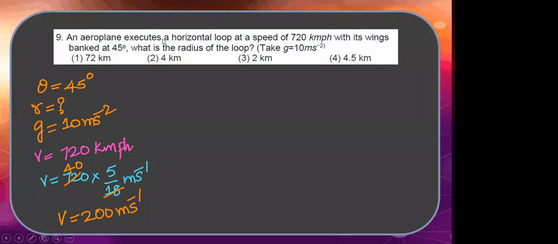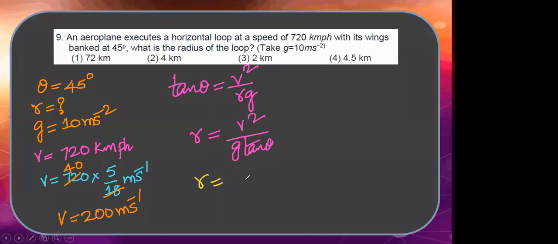Then angle of banking. For banking of roads, tan theta is equal to v square divided by rg. This is the formula. As we want to calculate r, r is equal to v square divided by g tan theta. Then r is equal to, what is v?